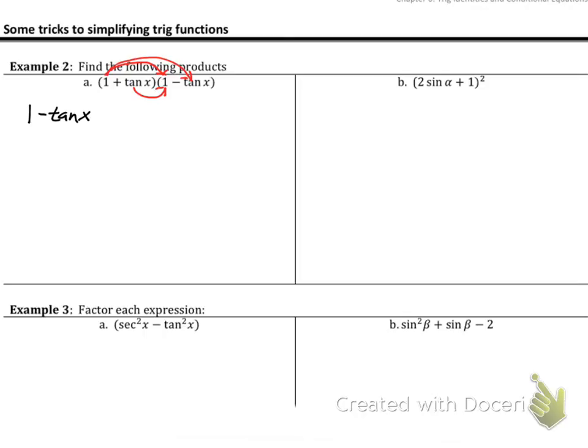Tangent x times 1 is a positive tangent x. And finally, I'm going to distribute that tangent to that other tangent, which is going to give me negative tangent squared x. But we'll see these cancel out, and it's just what I said. It's 1 squared, which is 1, minus tangent squared x. It's a difference of squares.